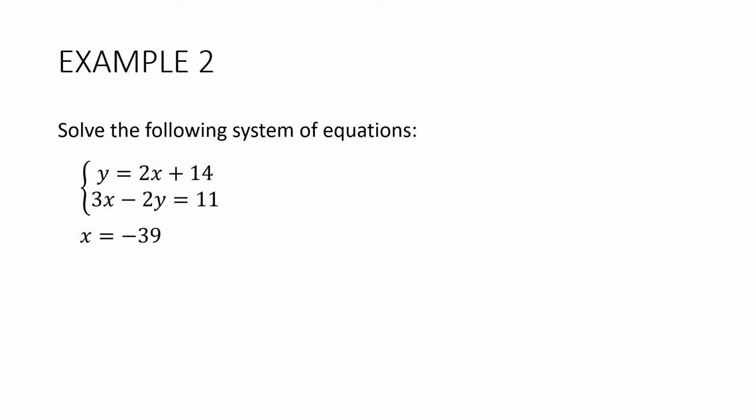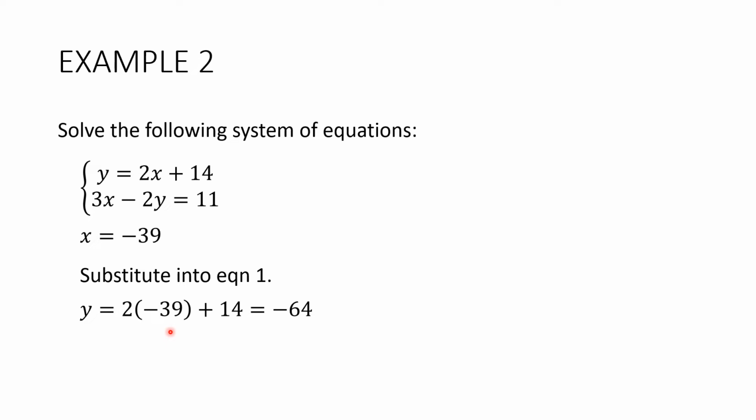Now because we're using the substitution method, we have one of the equations with the other variable as the subject. So I'm just going to substitute x is equal to negative 39 into that one. So y is equal to 2 lots of negative 39 plus 14 equals negative 64. So our solution is x is equal to negative 39, y is equal to negative 64.